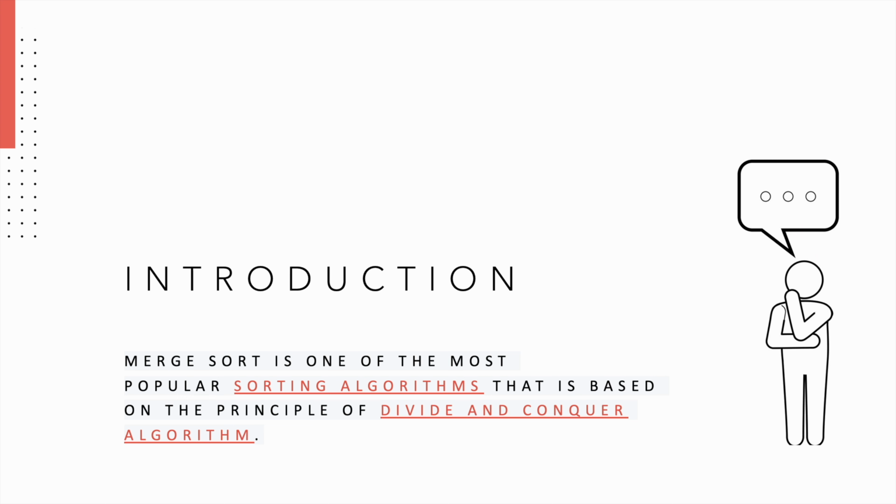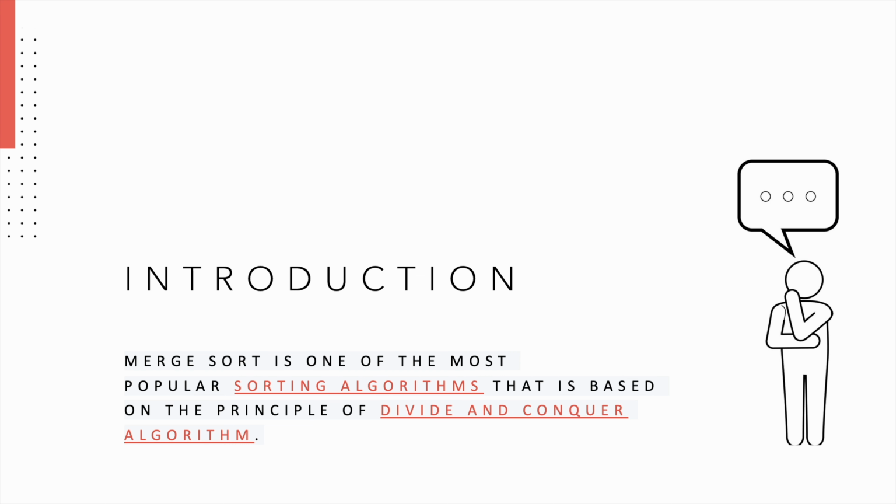So what exactly happens here? First we divide the complete array into small portions of elements. We divide it till the end, until we get single elements. Then after dividing, we use the conquer technique to sort the elements, and we compare the elements with each other and see if they are in sorted form.